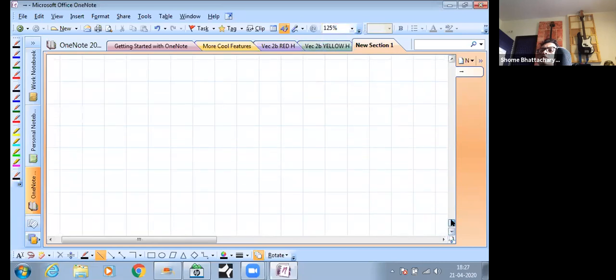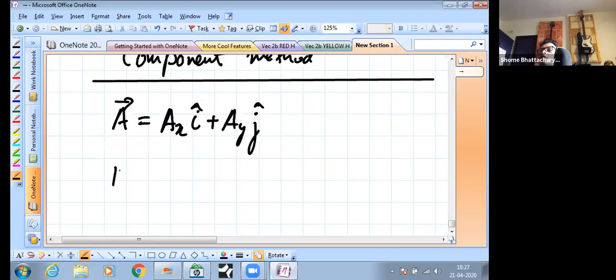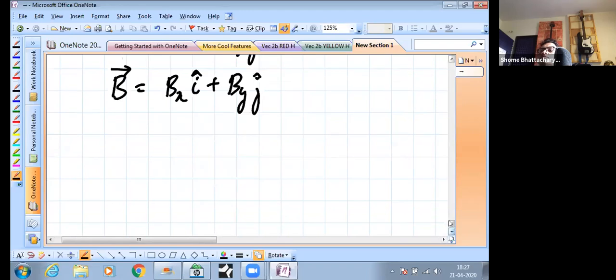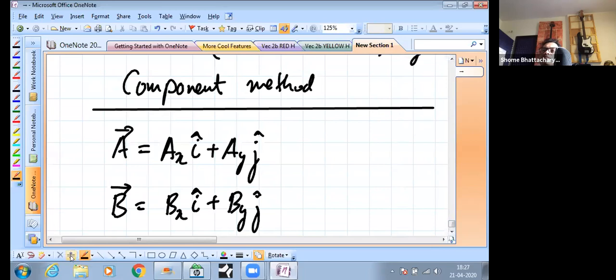Okay, so if I have two vectors given to me in component form, some component along the x-axis plus some component along the y-axis, and same for B. If we are adding the two vectors, just think that you are adding the left hand side of both the equations.